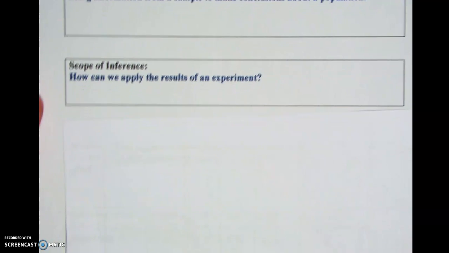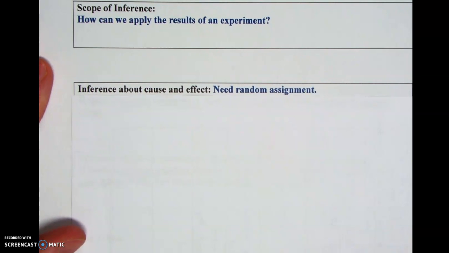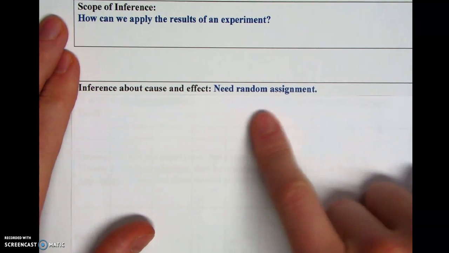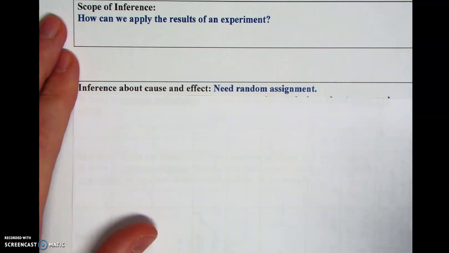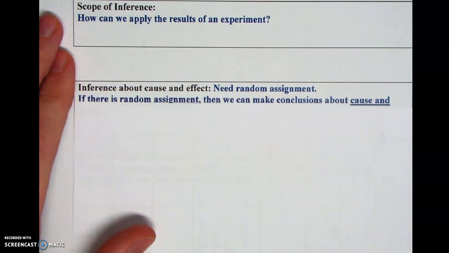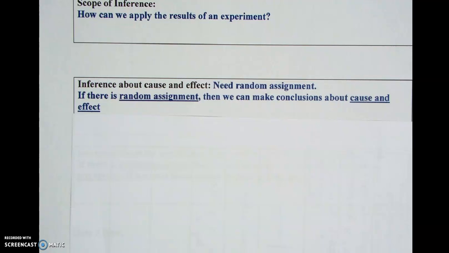And those two questions are, first, can we do cause and effect? We've talked about this throughout the chapter, that if we want to do cause and effect, we need an experiment. We need an experiment because we're going to do random assignments to get that idea of cause and effect. If there's random assignment, which we know is our first step in any good experiment, then we can say this cause, this effect.